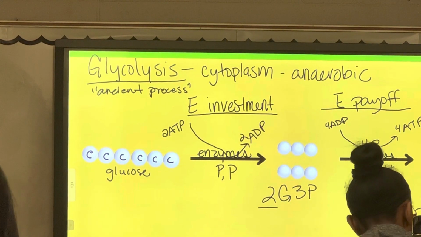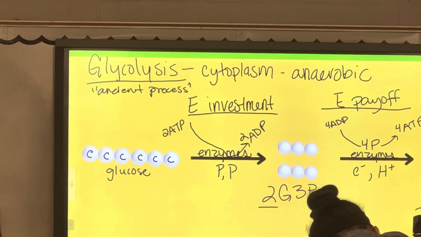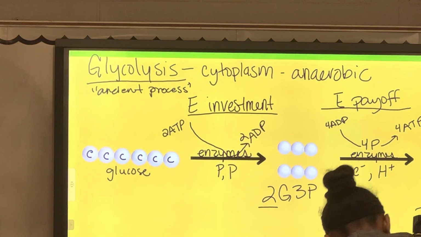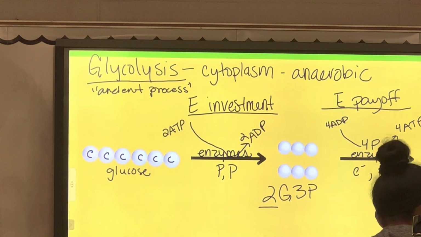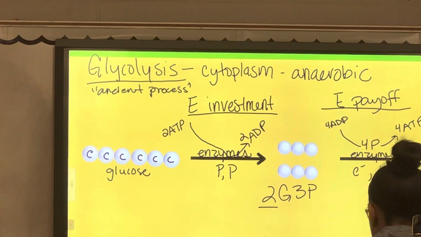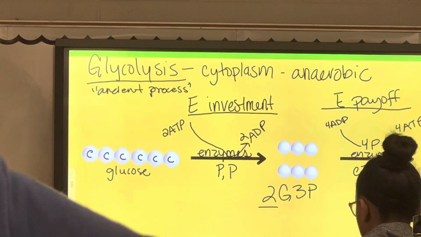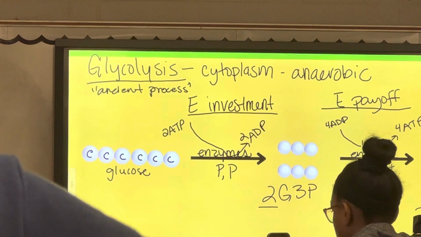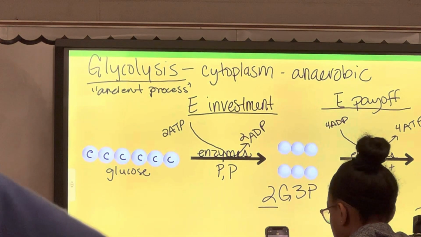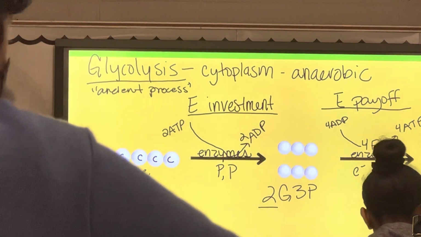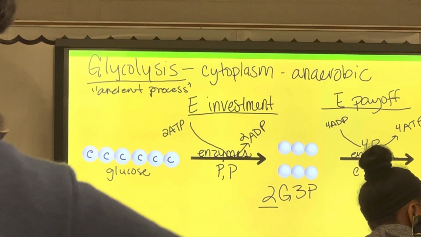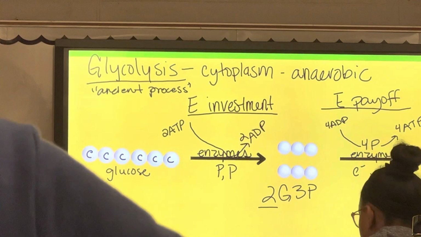Alright. In photosynthesis, let's go back briefly. What's our electron carrier? NADPH. NADP plus. Right? This is the carrier. This is what picks up electrons. In cellular respiration, there are 2 different ones.